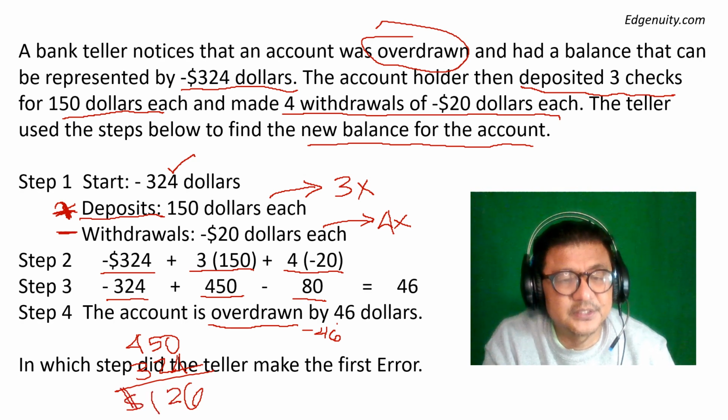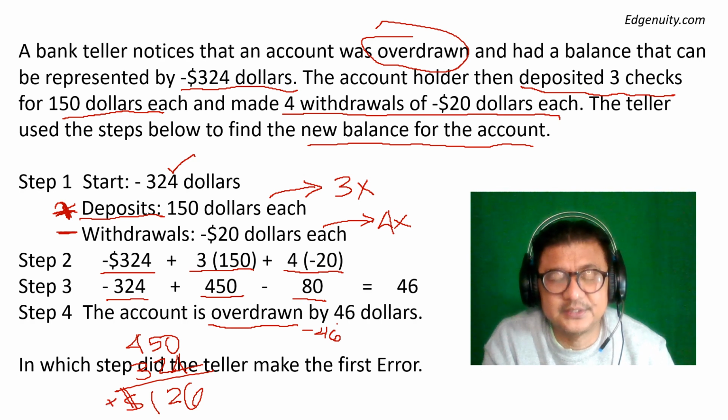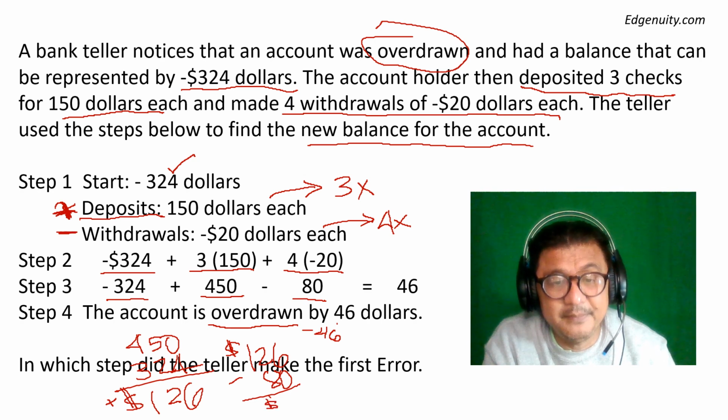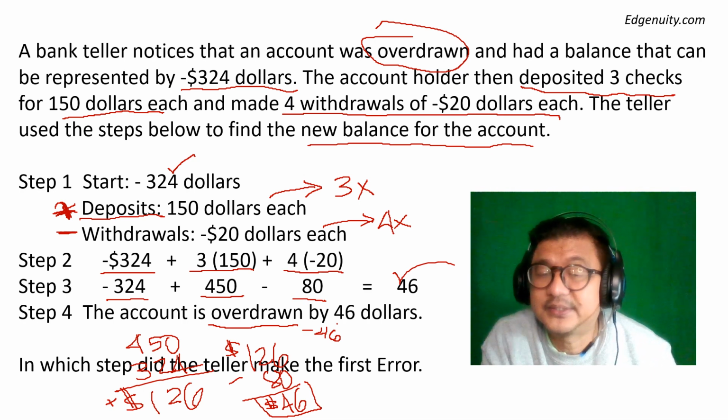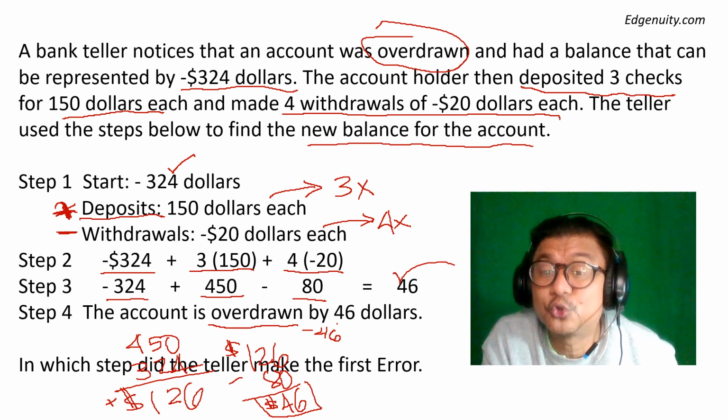That's still positive. You have $126, right? And then you took away the $80. $126, the money you have in the bank, you took away $80, so you still have money in the bank, $46. Okay, yes, correct. But the teller is telling you, yo, you took too much money.